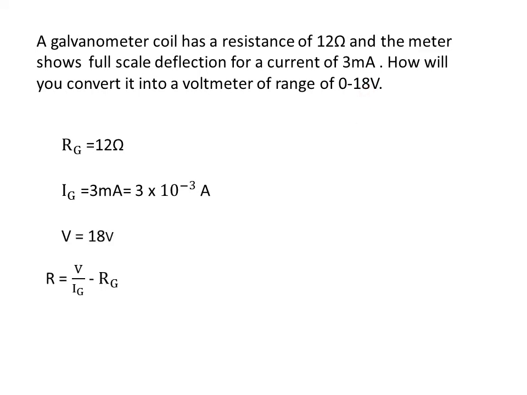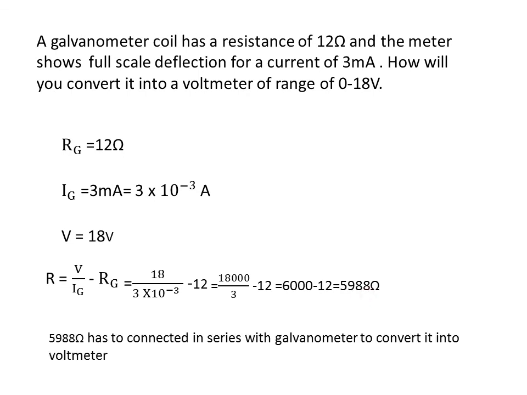Substituting this value in the equation for R, that is V by Ig minus Rg, instead of V we write 18, instead of Ig, 3 into 10 raised to minus 3, instead of Rg, minus 12. So we will get 5988 ohm. So 5988 ohm has to be connected in series with the galvanometer to convert it into a voltmeter.